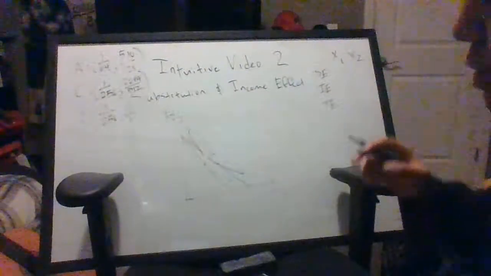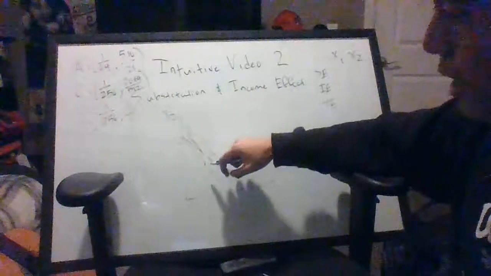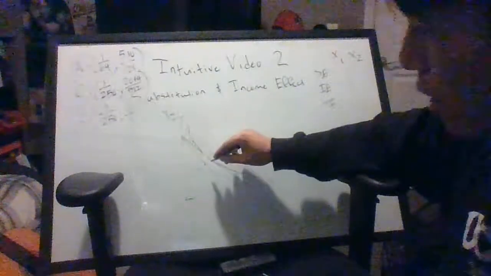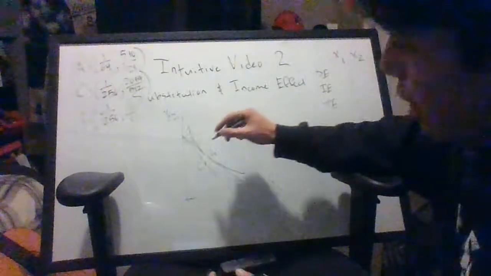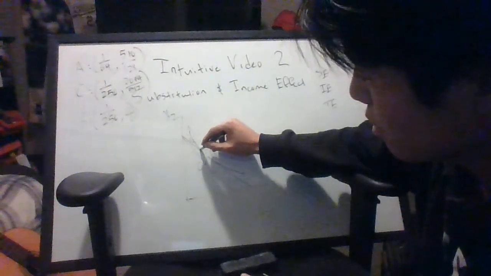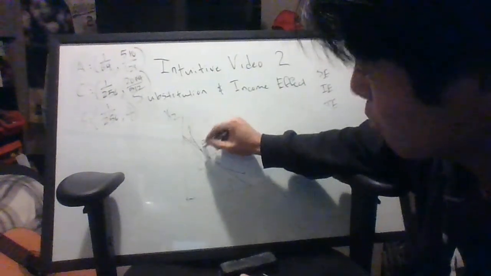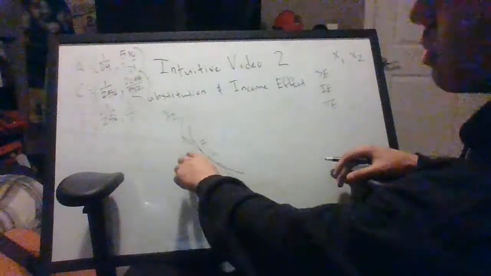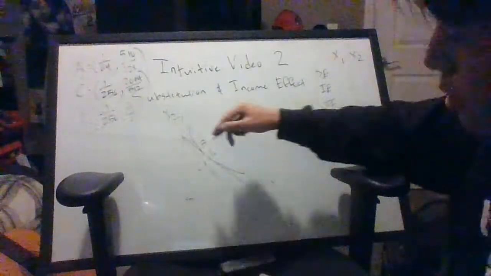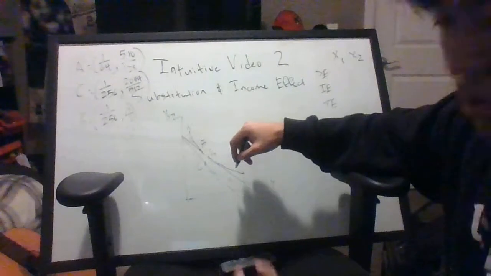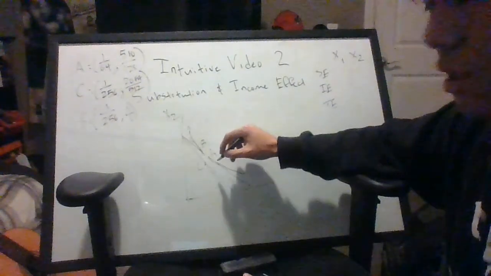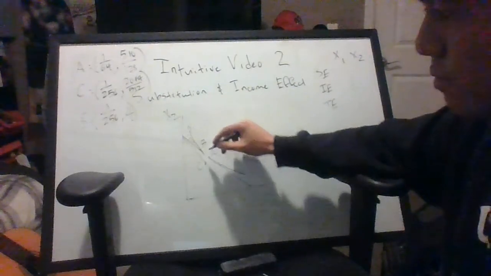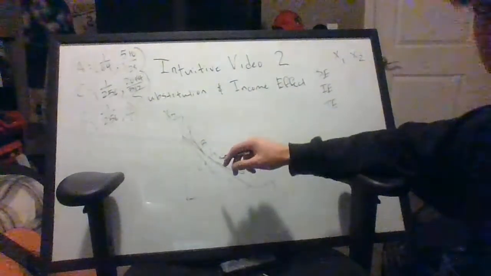But it's also going to have the same slope as point C, and the slope at point C is, remember, the new price ratio. And so that tells you that point B will be somewhere here, because this slope is greater, and we know that this has diminishing slope, meaning that the slope to the left of A is greater than to the right of A.